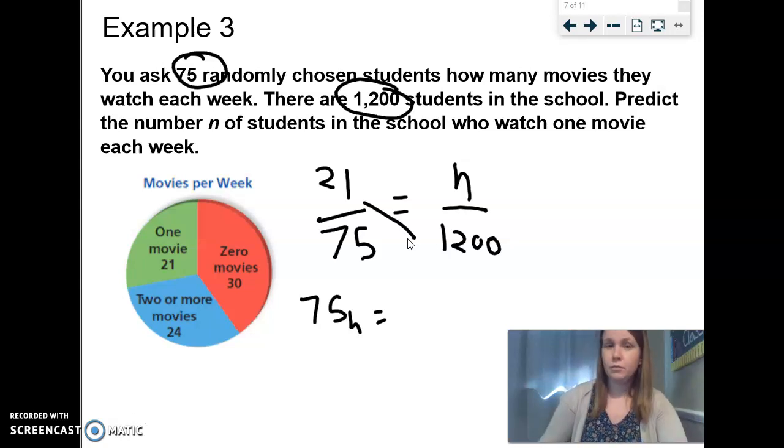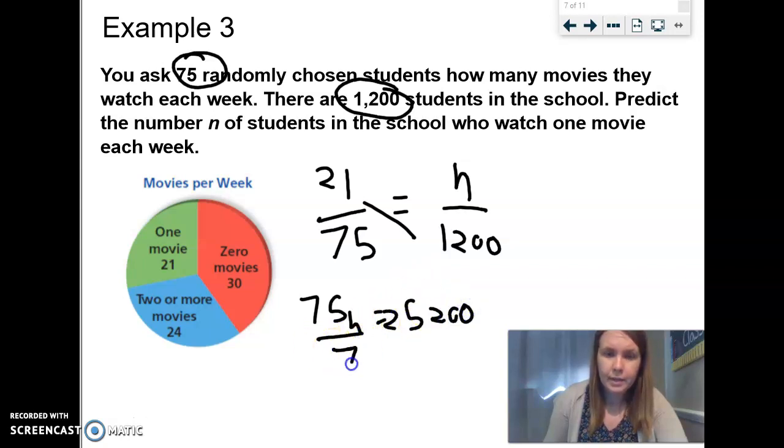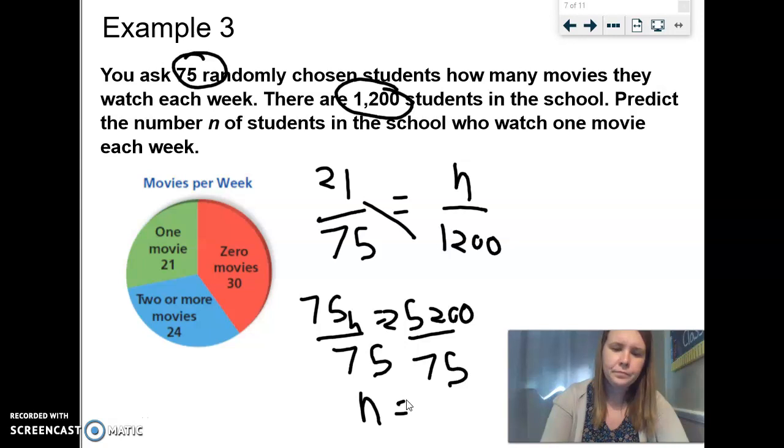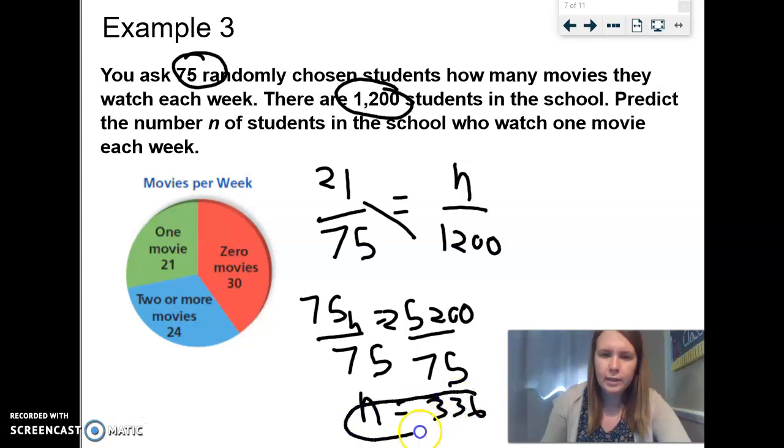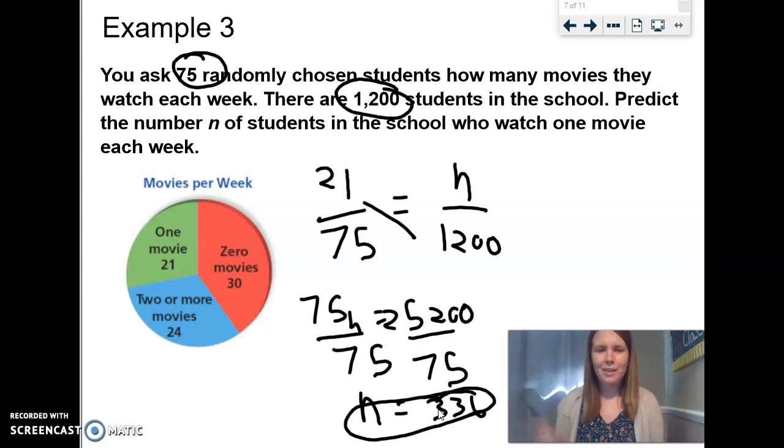Yeah, okay. That's a really big number. 25,200. All right, we're going to divide each side by 75. And my n then looks to be that I would expect 336 students to say that they watch one movie each week.